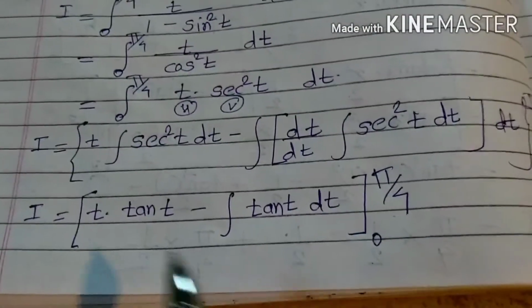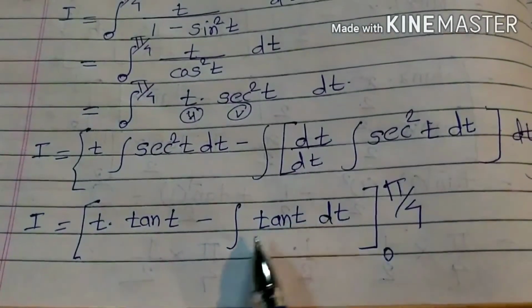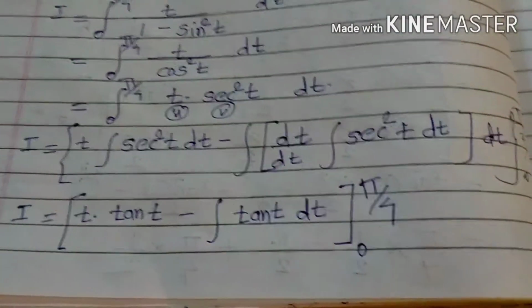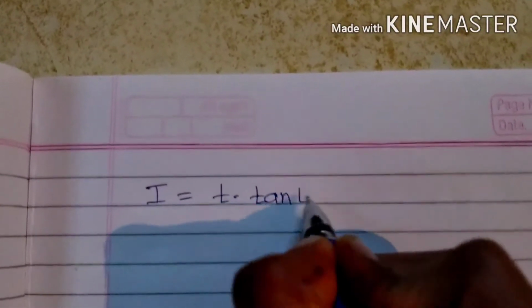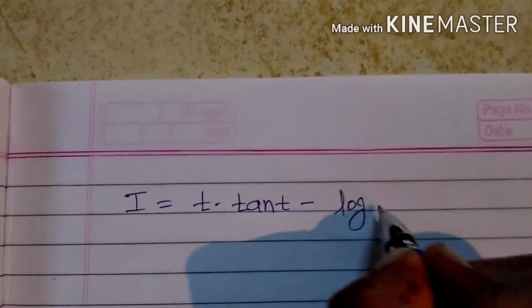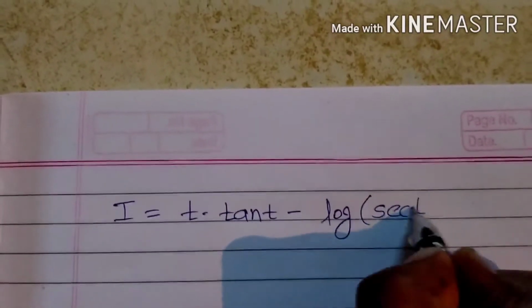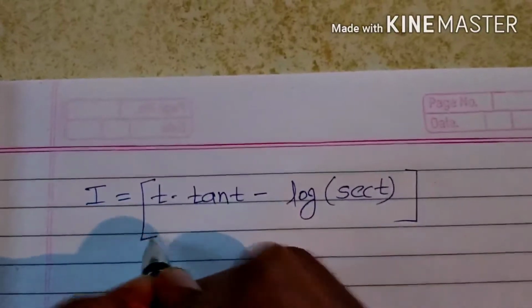Now you can take integration of tan t, which is log of sec t. So I is equal to t into tan t minus log of sec t, where 0 to pi by 4.